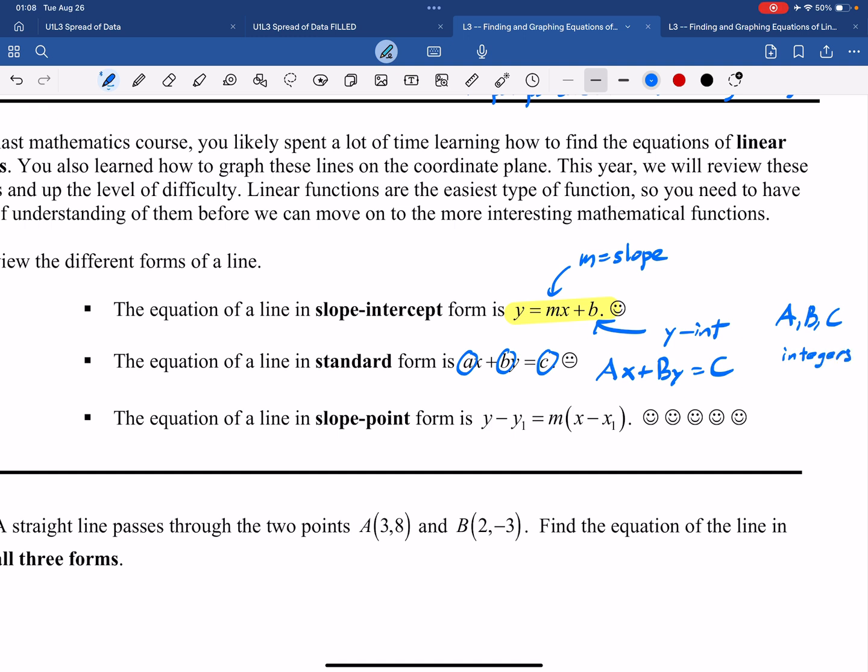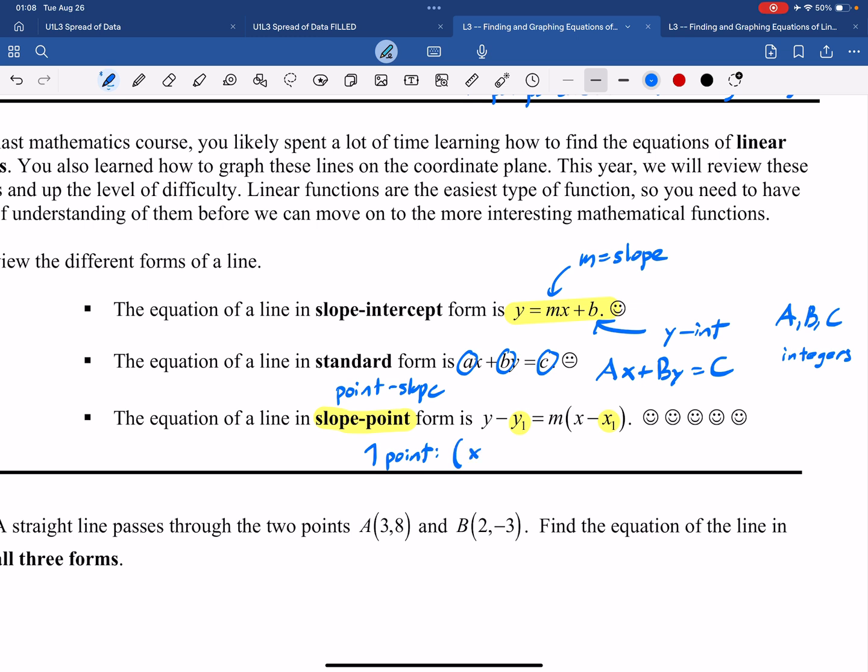Okay, and I would argue this point slope form, slope point. I don't know if that's correct or if we made a typo, but I've always learned it as point slope form. Okay, this is really useful, guys, because we need 2 things. We need 1 point, any point on the line, right?